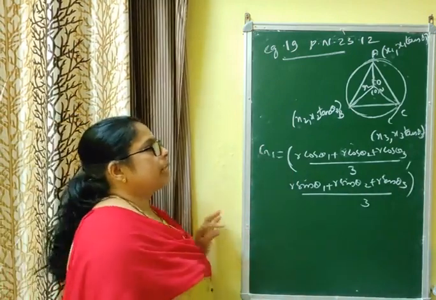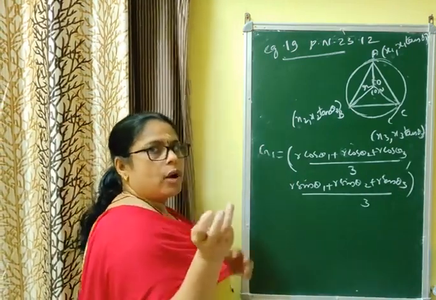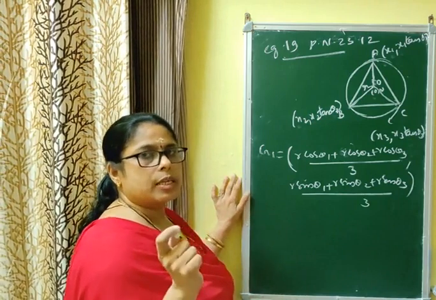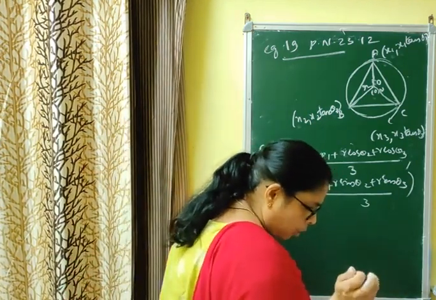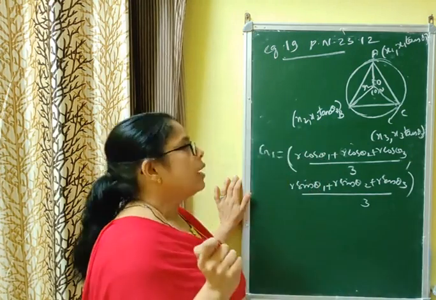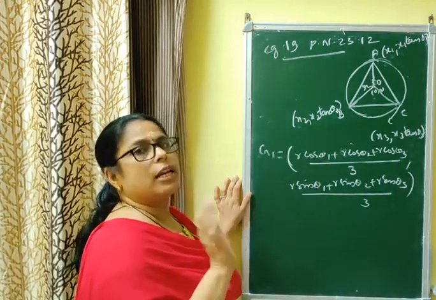centroid. But in any triangle, centroid, orthocenter and circumcenter all lie on a line.